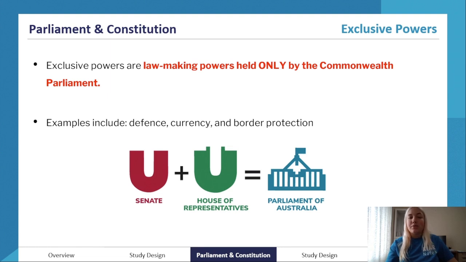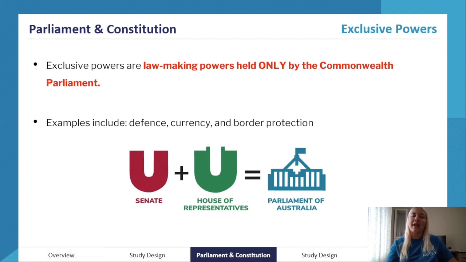Okay, so now exclusive powers are the lawmaking powers that are held only by the Commonwealth Parliament. So in these areas, only the Commonwealth can legislate and the states cannot legislate in these areas. So the examples are really easy to understand and come up with. If you have a look at these examples, they're clearly things that the states shouldn't be able to decide.